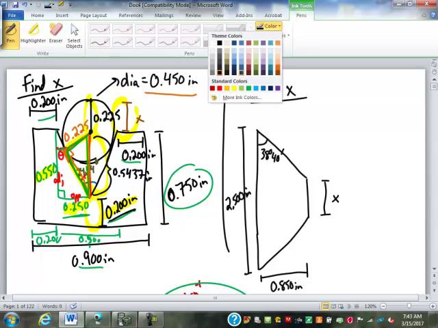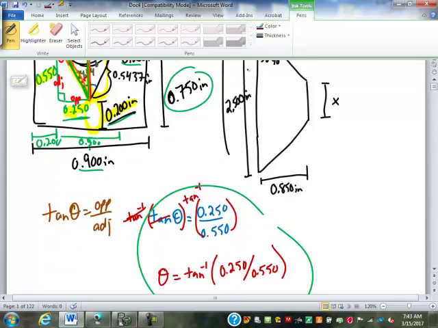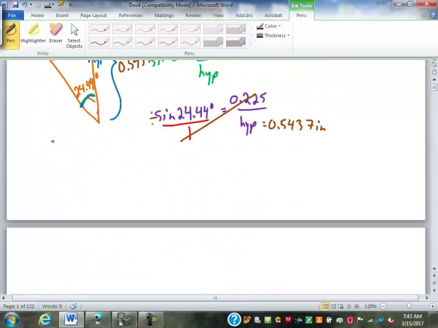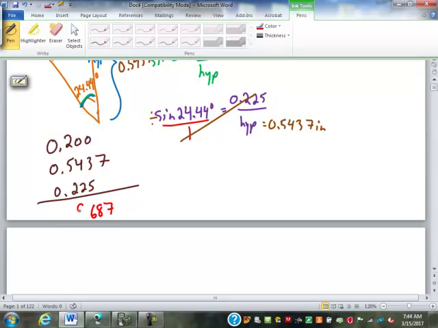So that total height, we have to add them up down here. 0.200, 0.5437, 0.225. It's 0.9678.